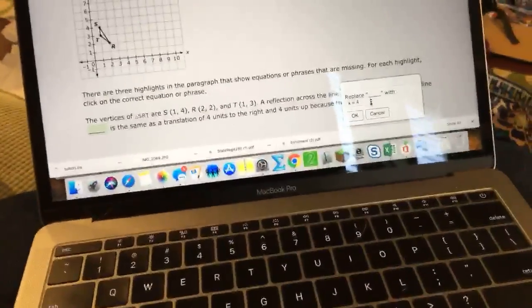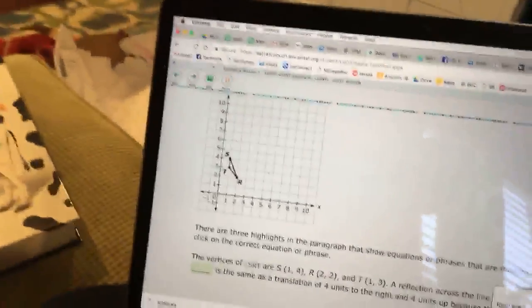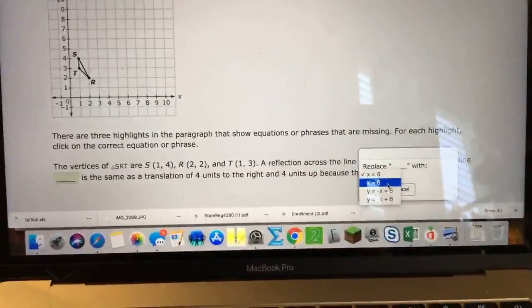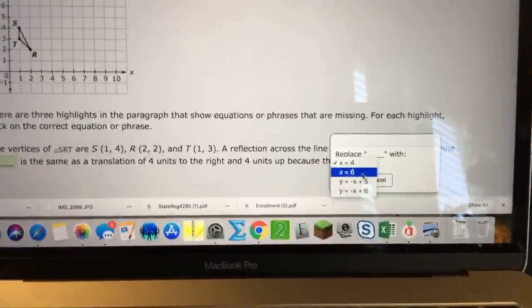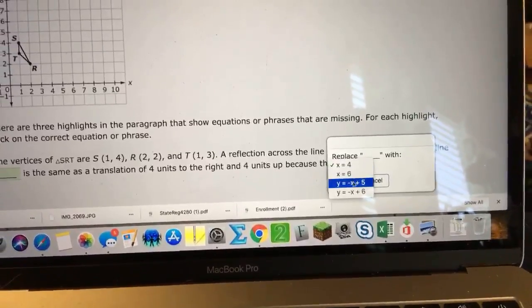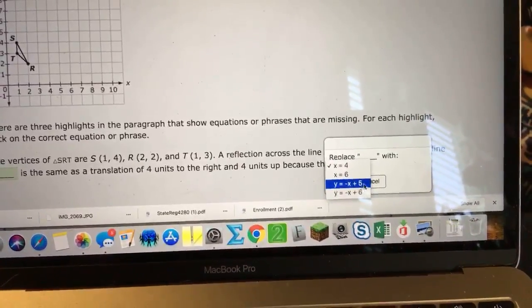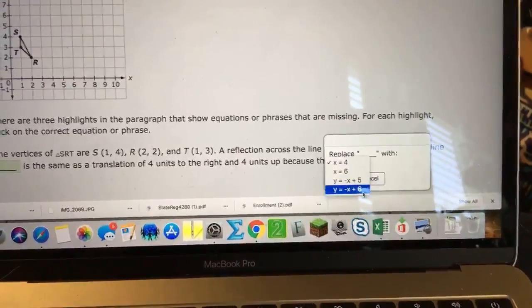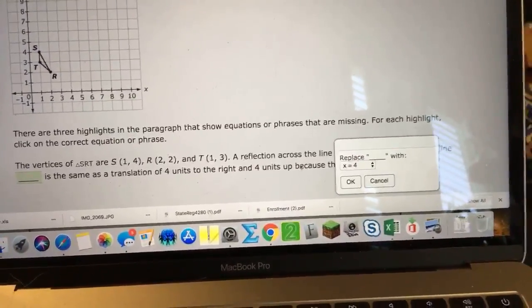So we've got four options here: x equals 4, x equals 6, y equals negative x plus 5, y equals negative x plus 6. All right.